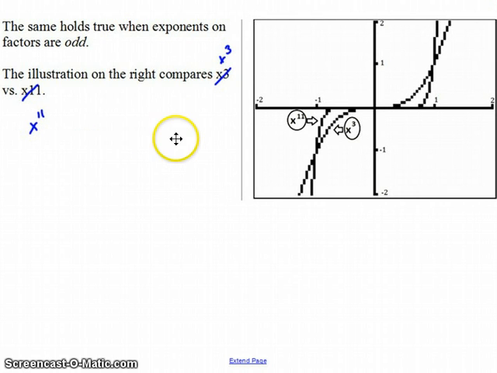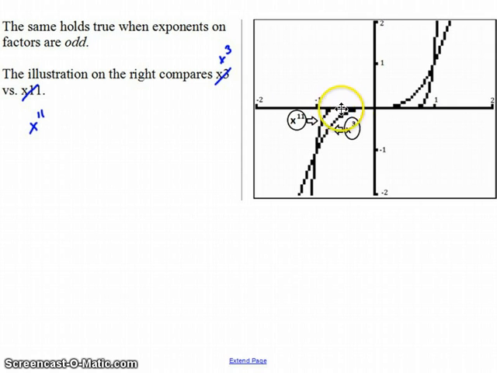The same would hold true if those factors had been odd. So, and I apologize for the typo that appears on the guide you found on my website, but here I'm correcting this and calling this x cubed versus x to the 11th. And the same is happening. X to the 3rd, being the smaller exponent, has less flattening. X to the 11th, being the larger exponent, has more flattening here.